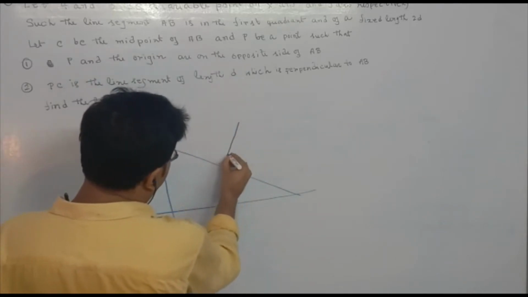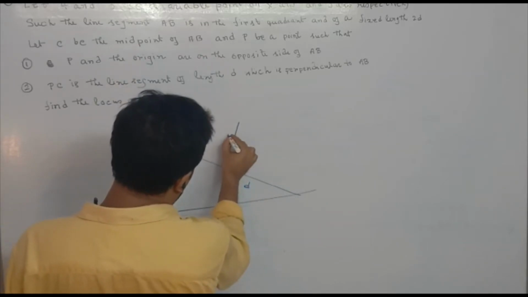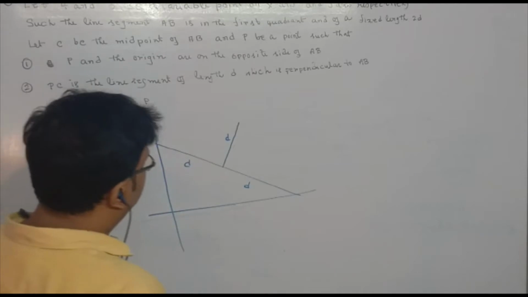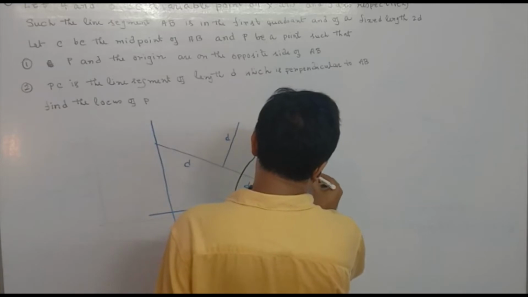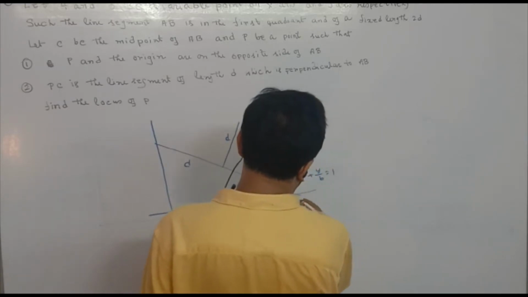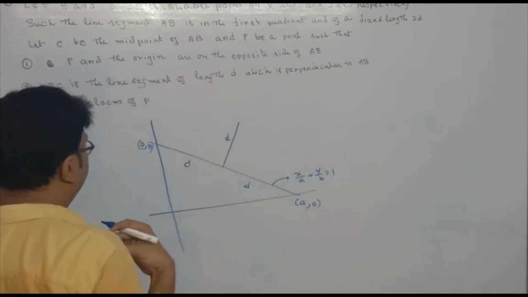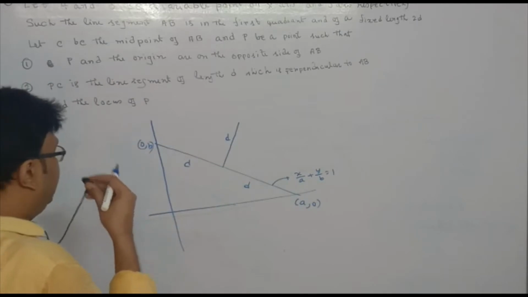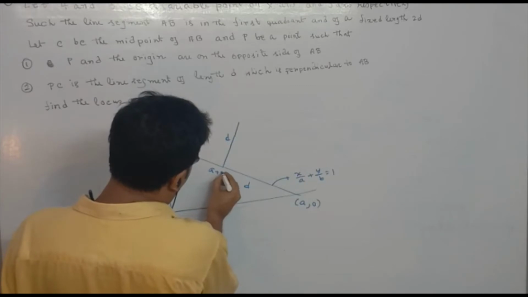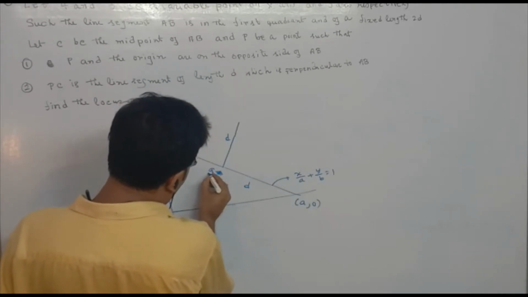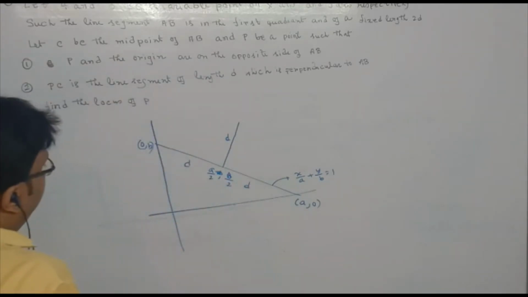The length is 2D, so the midpoint gives D and D, so all three are D. Now, if the line is x by a plus y by b equal to 1, then this point is a comma 0 and this is the point 0 comma b. As this is the midpoint, it is a by 2 and b by 2.